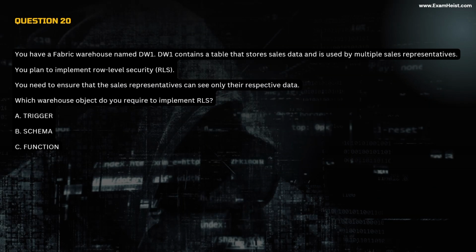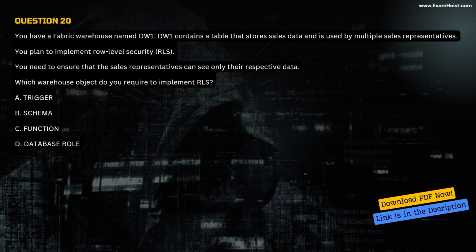Question 20. You have a Fabric warehouse named DW1. DW1 contains a table that stores sales data and is used by multiple sales representatives. You plan to implement row-level security (RLS). You need to ensure that the sales representatives can see only their respective data. Which warehouse object do you require to implement RLS?